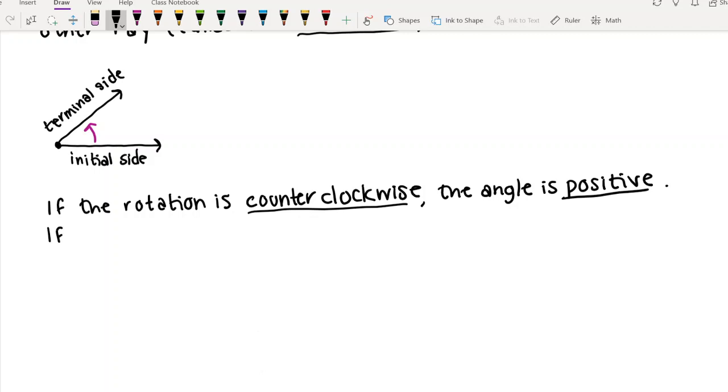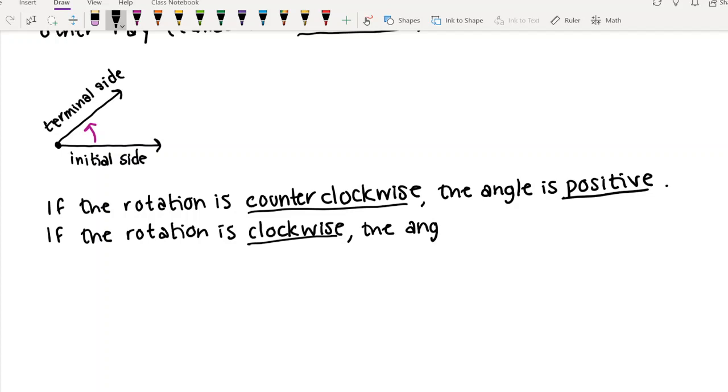If you measure an angle going the other way, so if you do a clockwise rotation, then the angle is negative. So just to quickly draw an example of that, a positive angle would be something like what we just drew.